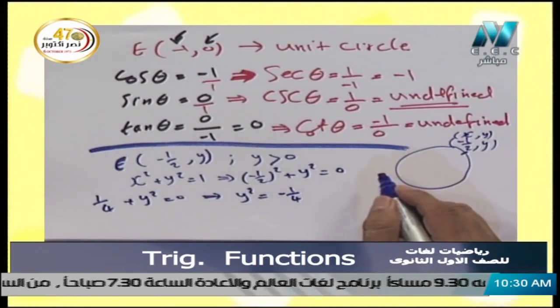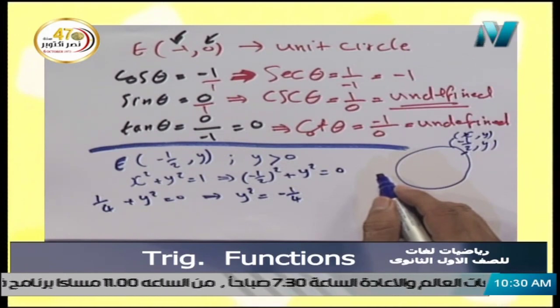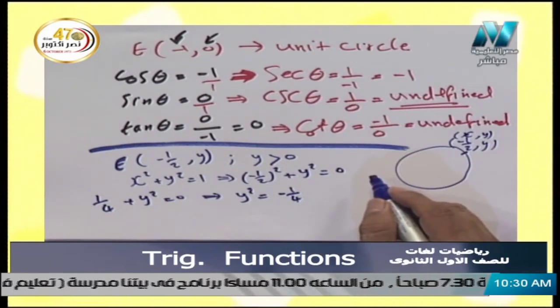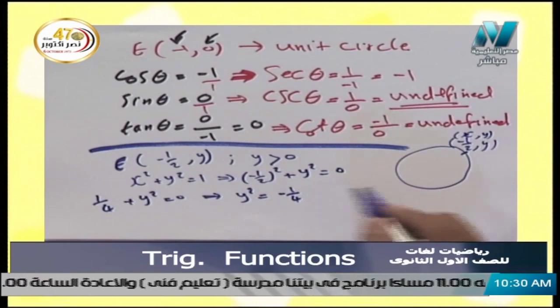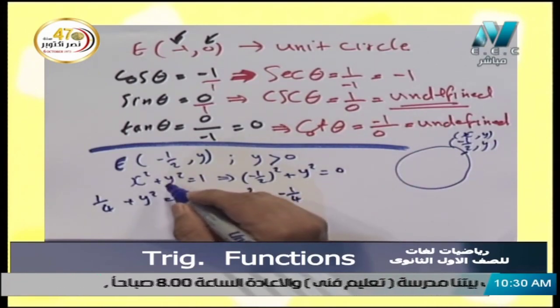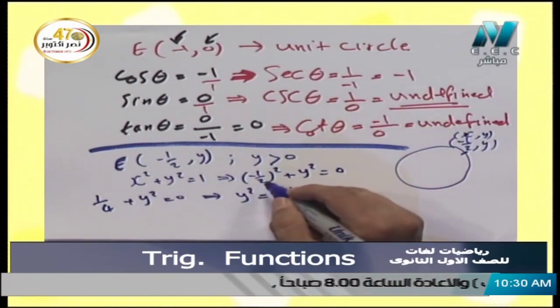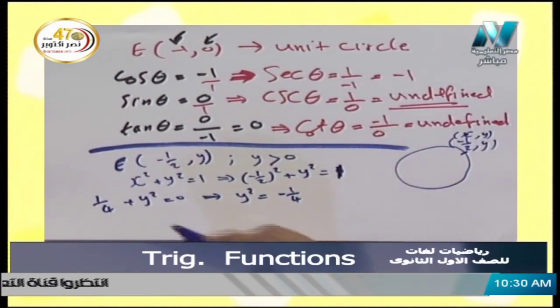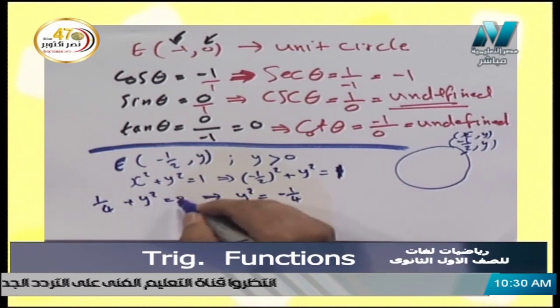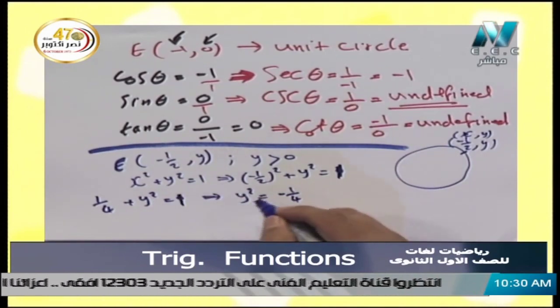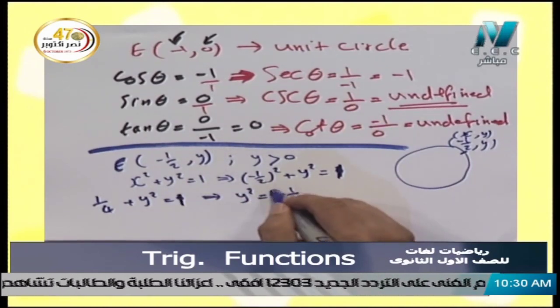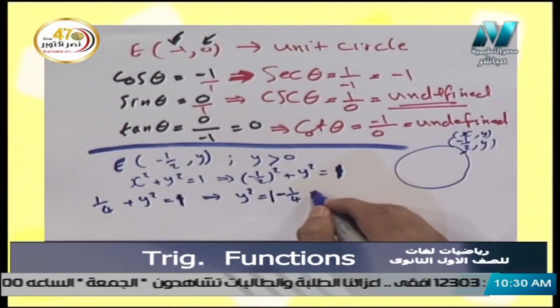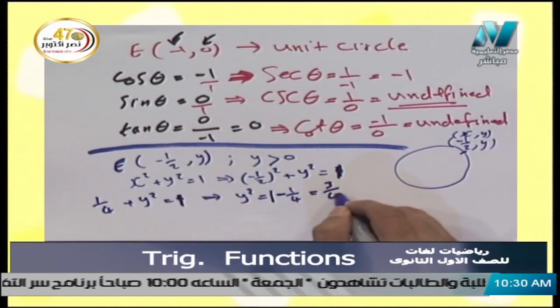Sorry, we have here x power 2 plus y power 2 equals 1. So negative half power 2 plus y power 2 equals 1, not 0. So 1 over 4 plus y power 2 equals 1, and of course y power 2 equals 1 minus 1 over 4, so it equals 3 over 4.